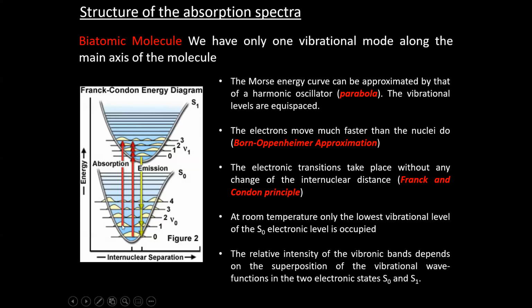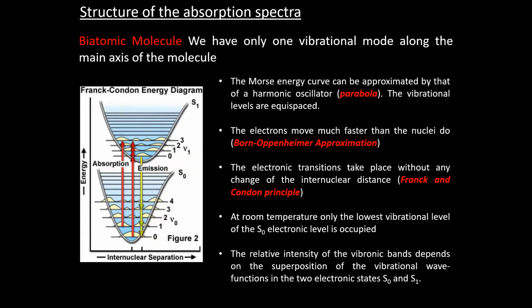That means that when you pass from here to here, this transition is vertical. Why? Because you remember that this is the internuclear distance. The internuclear distance doesn't change, it stays constant.